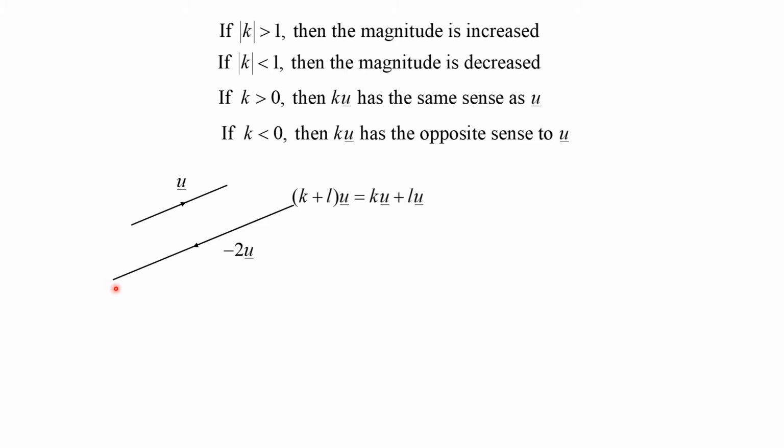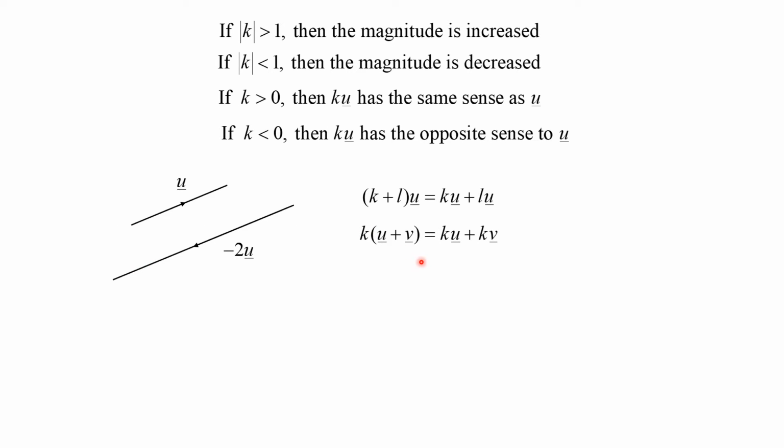Next, we will actually represent this in a figure. So you see, if this is magnitude U, negative 2U here simply means the direction is being changed simply because K is a negative value.